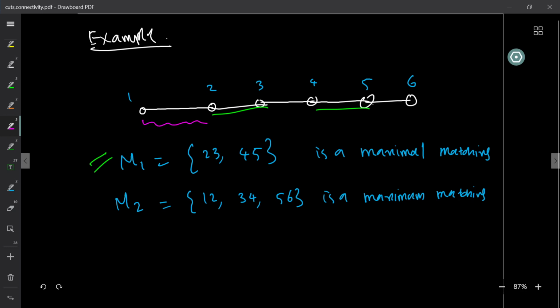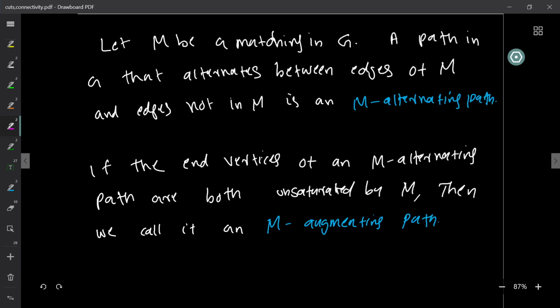This is an edge not in M. Then I select an edge which is in M, then an edge not in M, then something in M, etc. Such a path is called an M alternating path, because it alternates between the edges of M and edges not in M. So an M alternating path is a path which alternately uses the edges in M and edges not in M.